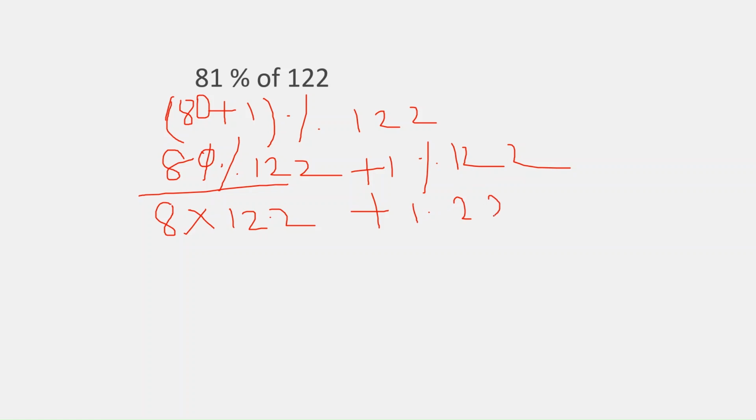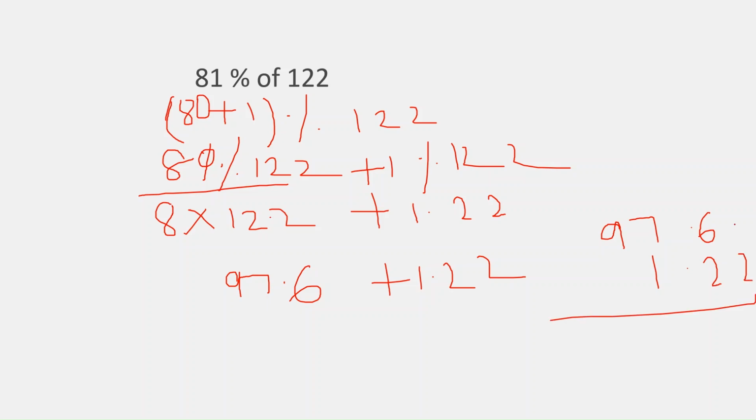1.22. Then 8 into 12.2, you multiply, your answer will be 97.6, plus here 1.22 as it is. Now add these two terms. 97.6 plus 1.22, I'll add and show you. 97.6 plus 1.22.